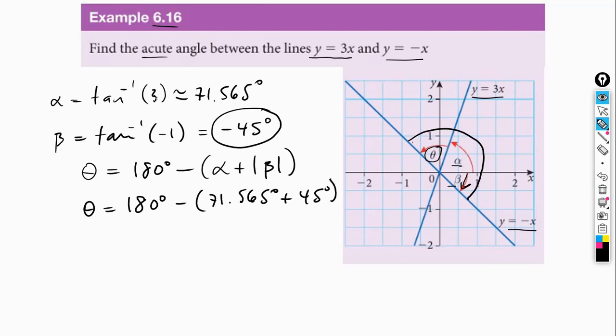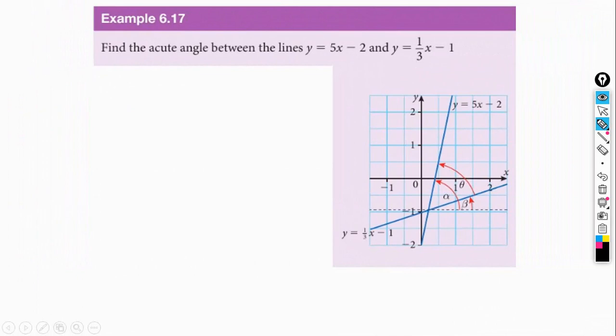And here we're going to get that theta is going to be approximately 63.4 degrees, rounded to 3 significant figures.